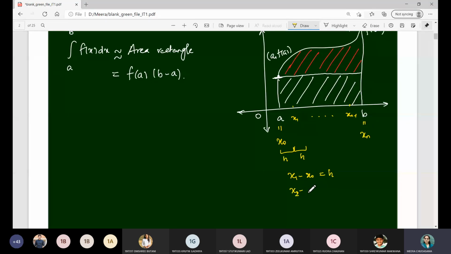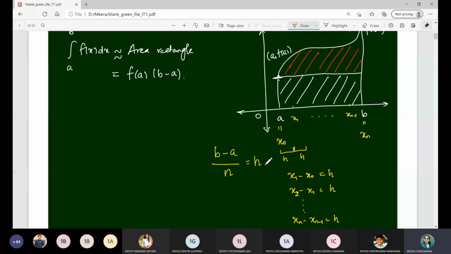Actually, we have divided the entire length, that is b minus a, into n number of partitions, and this is nothing but your h, the step size h. So this is your step size, whenever you consider the number of partitions, that will be in the denominator.